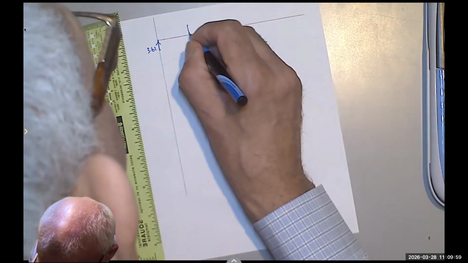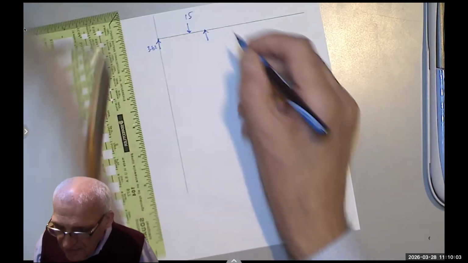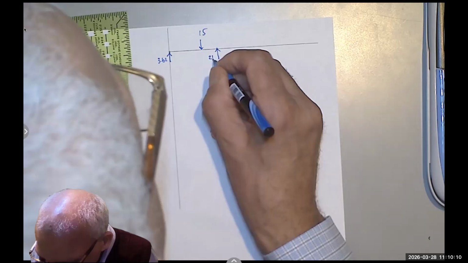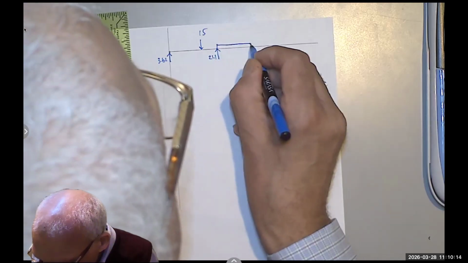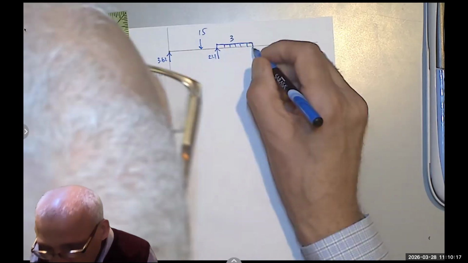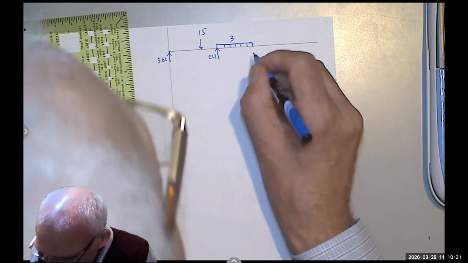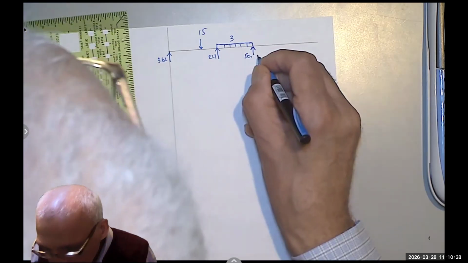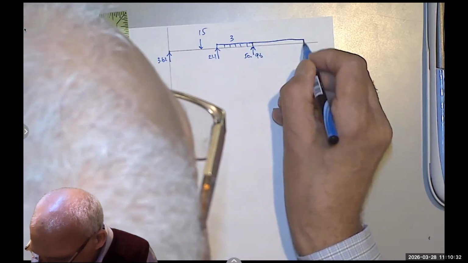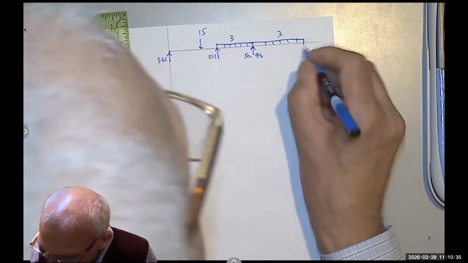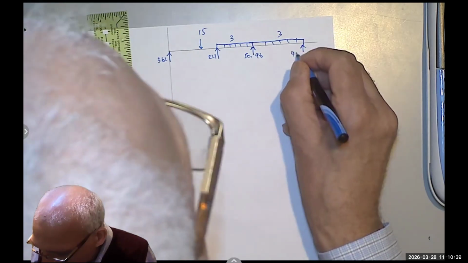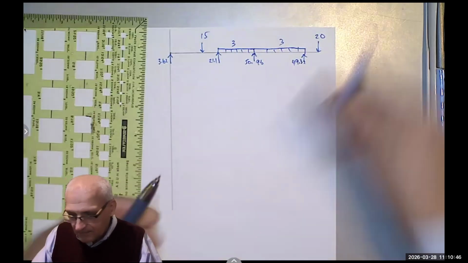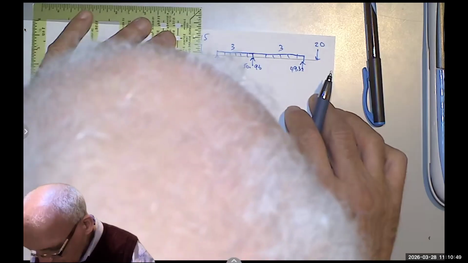And then I have 15, and then I have the B, 21.1, and then I have the distributed load 3 kip per foot, and then I have the CY, which is 50.96, and then I have another 3. This is 20, and the reaction here is 49.32. Then I have a load of 20. So I'm trying to do it fast.